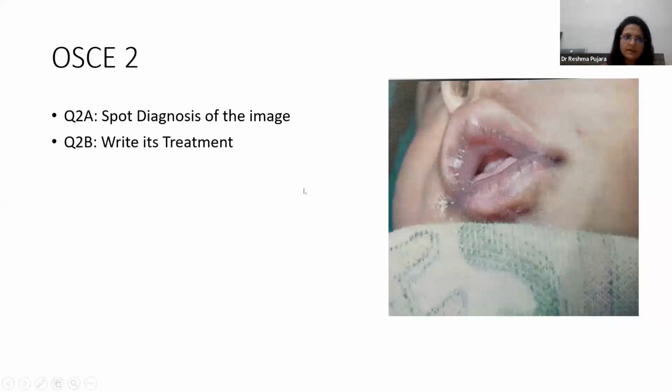So it's a sucking blister actually. Now, what is the treatment for sucking blister? Wait and watch. Okay. Nothing. Reassurance. No treatment, nothing.